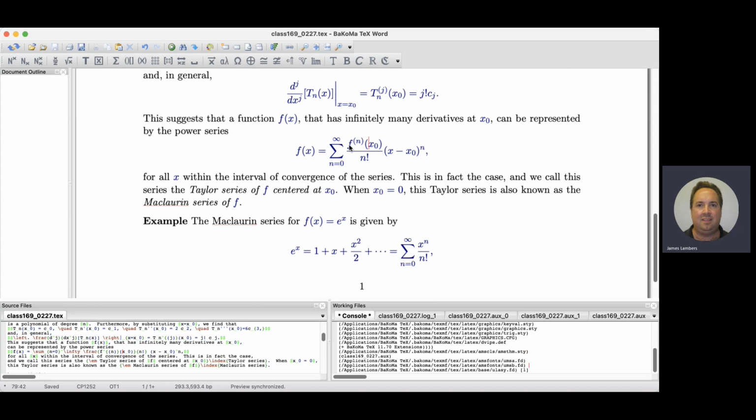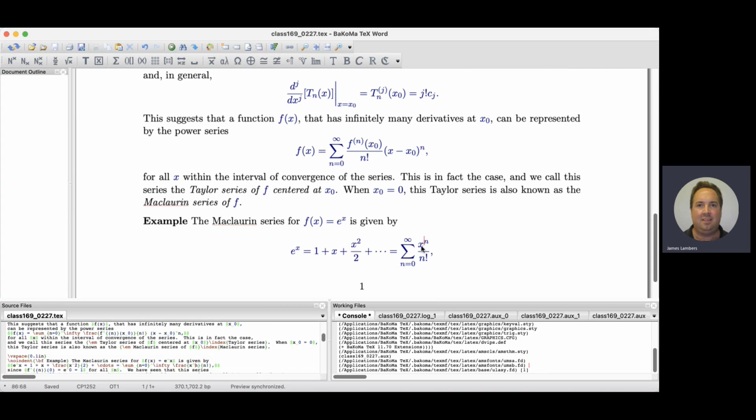But that just means this numerator here is going to be e to the 0, which is 1. So all I'm going to get is this part: x to the n, because the center is 0, divided by n factorial. So this is the Maclaurin series for e to the x. It's the sum from n equals 0 to infinity of x to the n over n factorial.